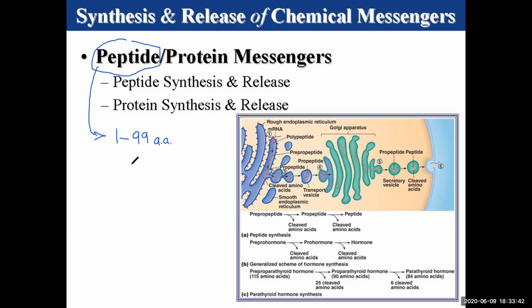If the sequence of amino acids is 100 amino acids or more, you guessed it, it will be called a protein.